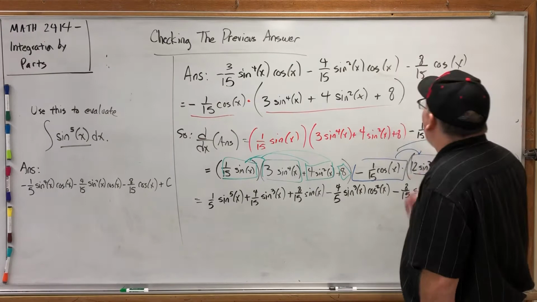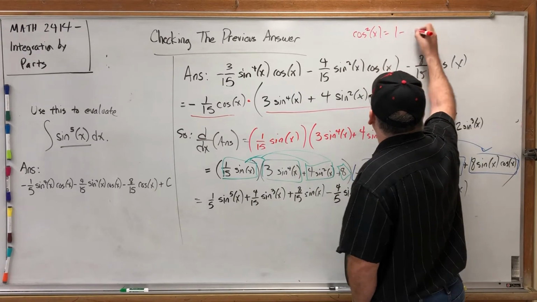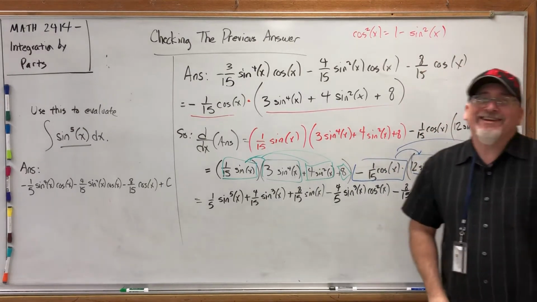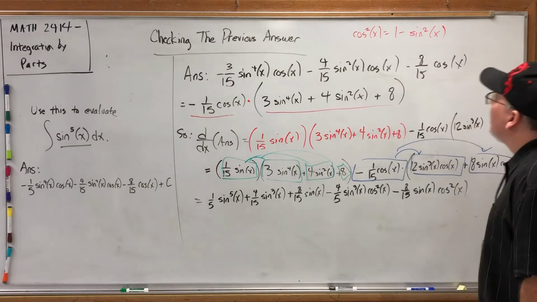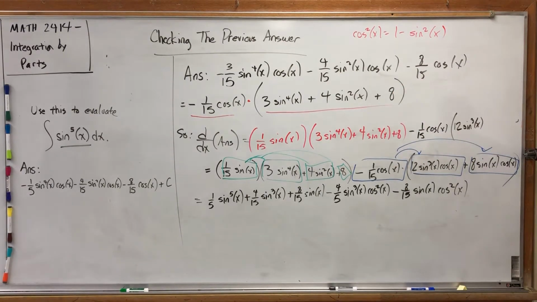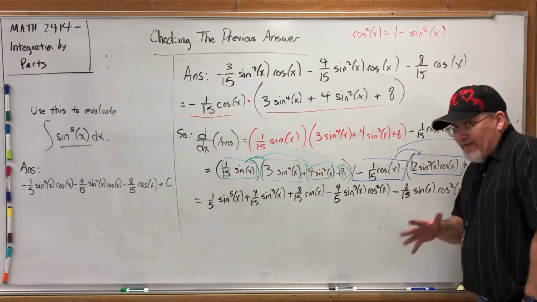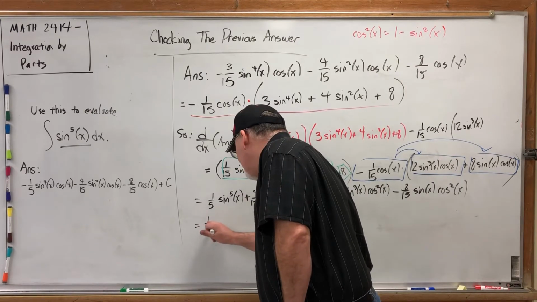Notice that cosine squared of x is equal to 1 minus sine squared of x. That is a variation of a Pythagorean identity you should know, sine squared plus cosine squared equals 1. That means I can replace each cosine squared with 1 minus sine squared, which fixes the problem of having the cosines. So let's do that carefully.